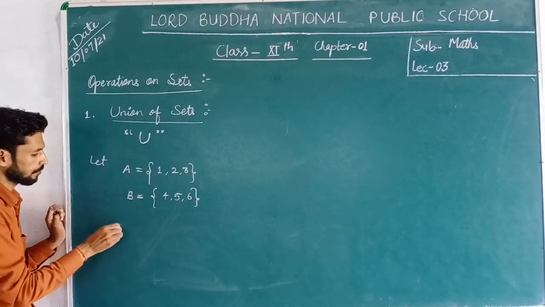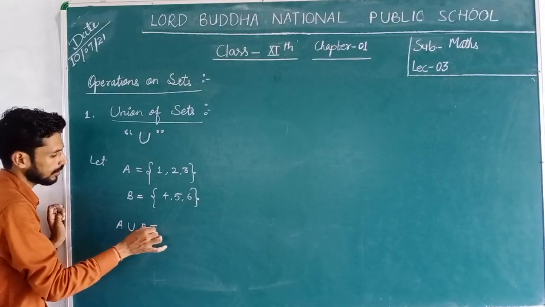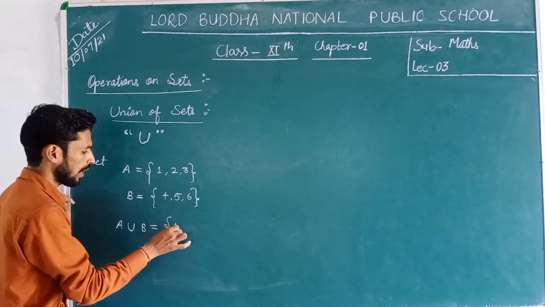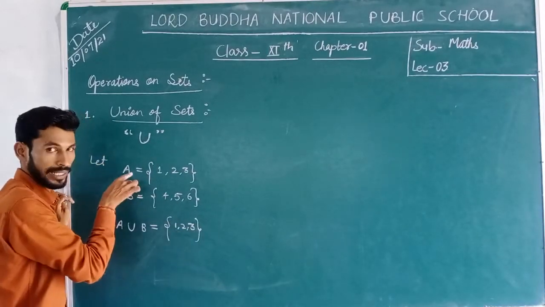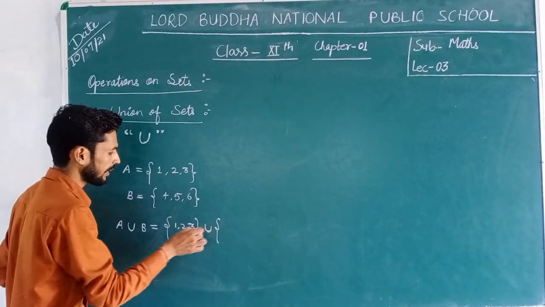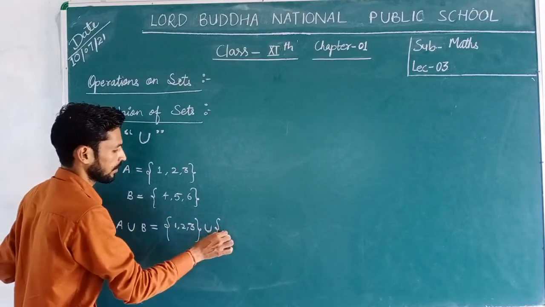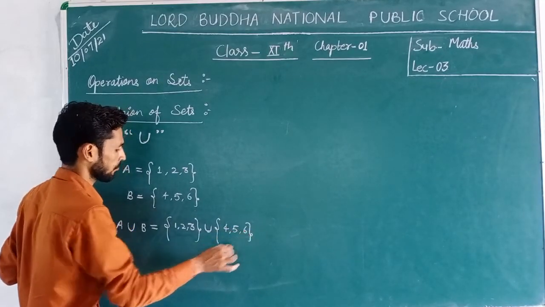For example, A union B will be 1, 2, 3, these are the elements of set A, then take the sign of union and write the elements of set B, which are 4, 5, 6.